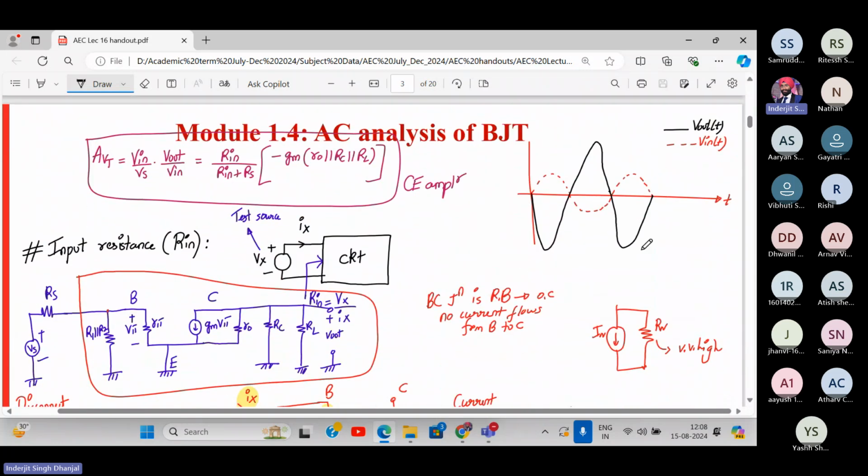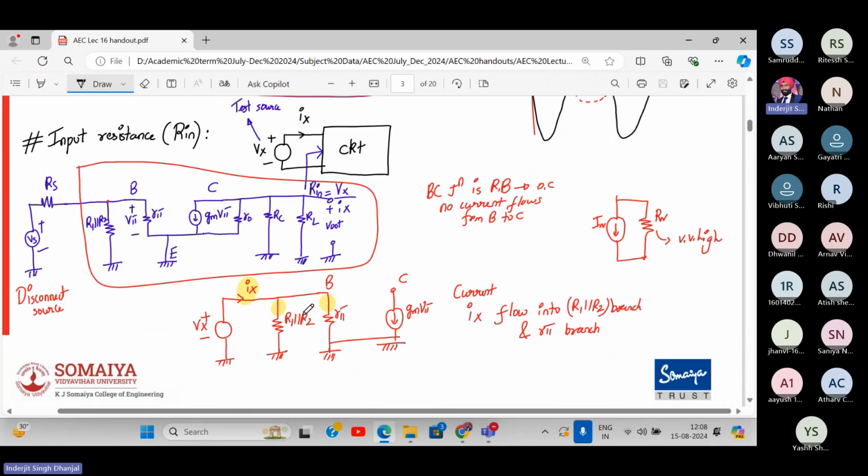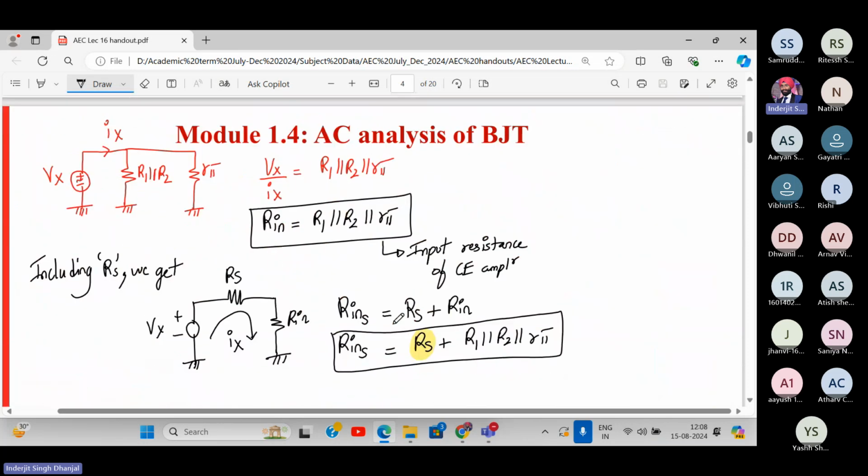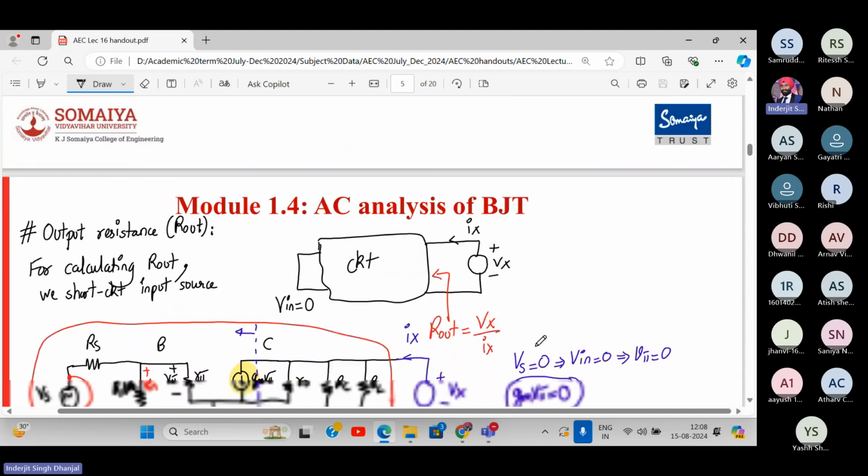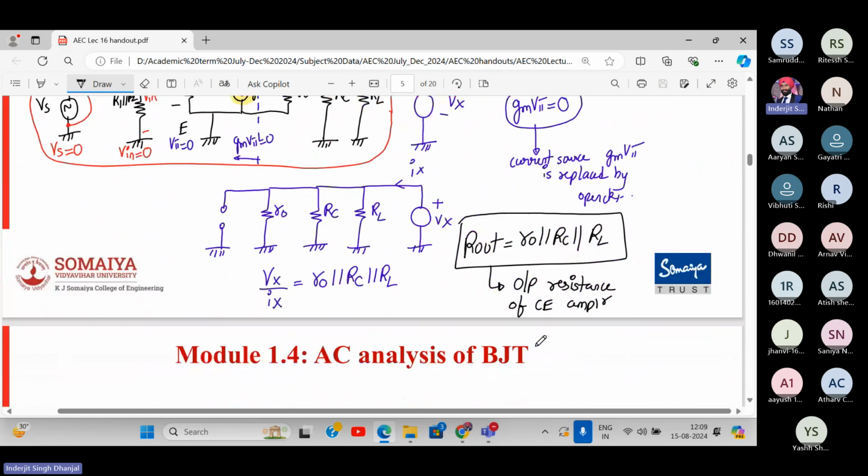Then we have plotted the input-output waveform. Then we have derived the expression for Rn, which was R1 parallel to R2 parallel to R pi. If Rs is not present, if Rs is present, it will be Rs plus this term R1 parallel to R2 parallel to R pi. All right. Then we have R out equal to RO small ro parallel to RC parallel to RL.